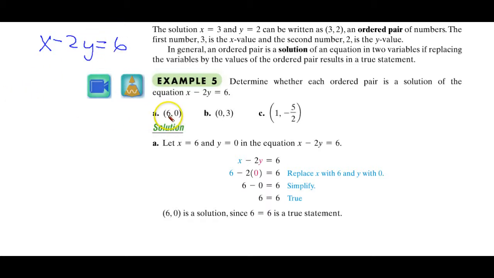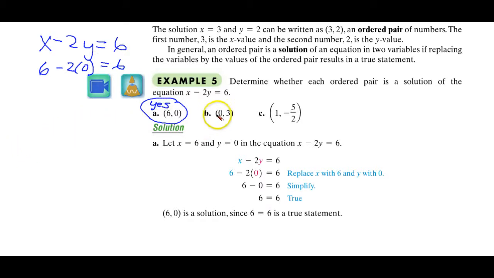And then where the x is, you're going to put a 6. So this then becomes 6 minus 2 times 0. Does that equal 6? And since this is 0, 6 equals 6. So this one is yes.